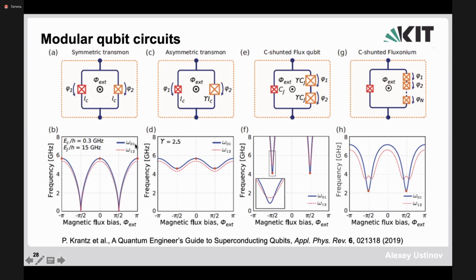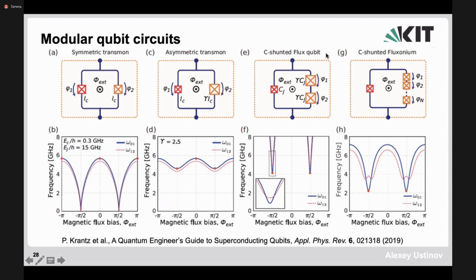The blue line shows the transition 0 to 1, and this dashed line shows the transition between 1 and 2 for these particular parameters. Now, if one makes the transmon asymmetric, we discussed this also briefly last week, such that the critical current of one of the junctions is a bit larger than the other, then this modulation curve as a function of magnetic flux doesn't go to 0 at half flux quantum, but actually goes to another minimum or another extremum, and the anharmonicity is preserved. So this dashed line also follows the curve of the 0-1 transition.